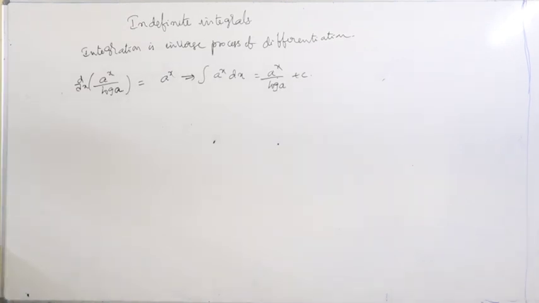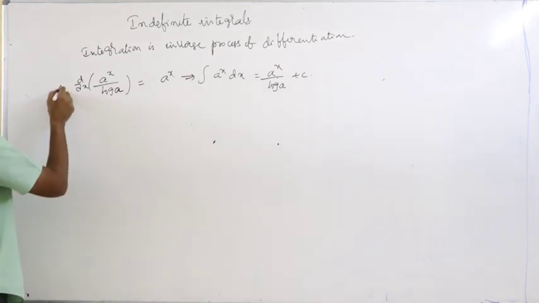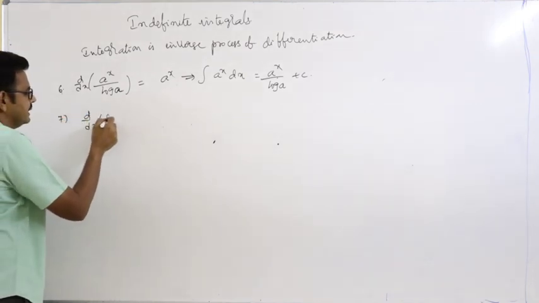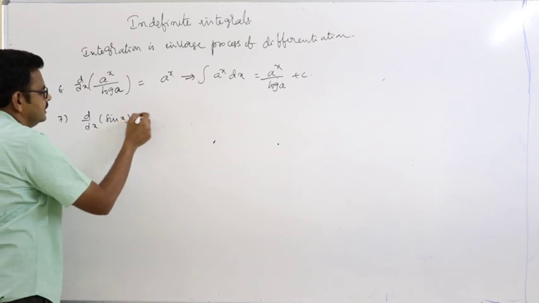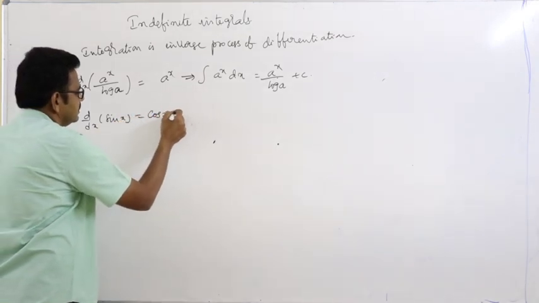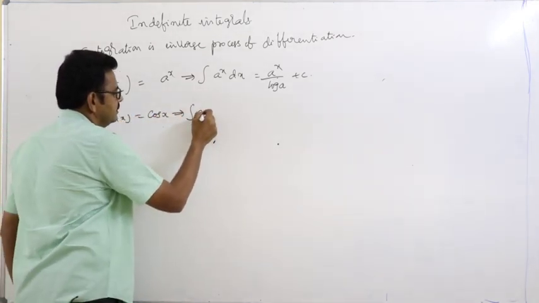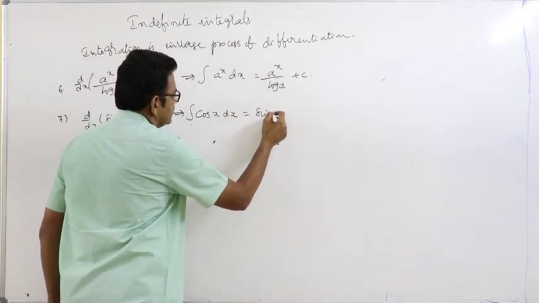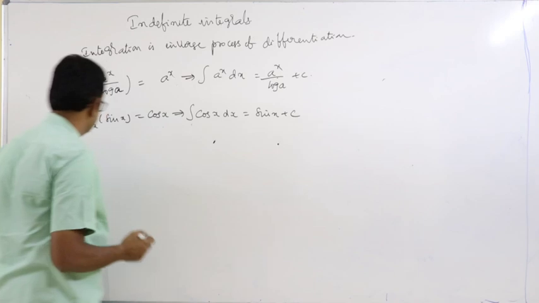Next, derivative of sin x is equal to cos x. This implies the integral of cos x dx is equal to sin x plus c.